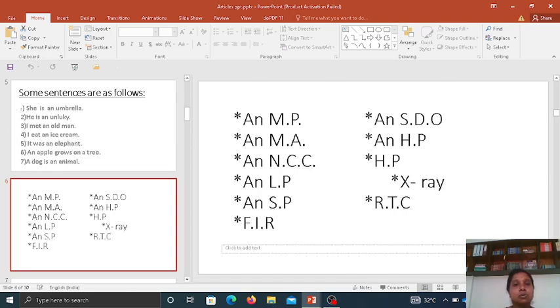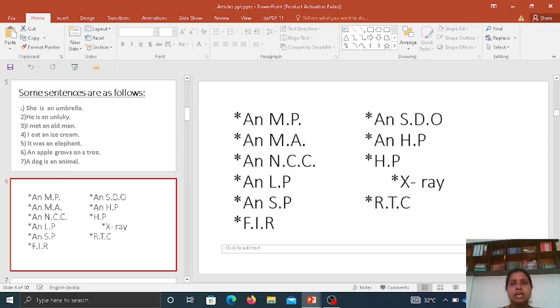But no, that is only partly correct, because there are some words which look like they start with a consonant, but give the sound of a vowel. At that time we have to use not a, but only an. Which words are those? I have given some words here, so look at them.